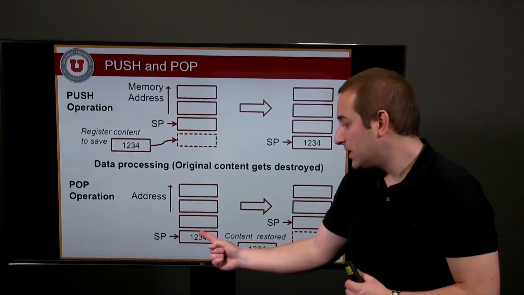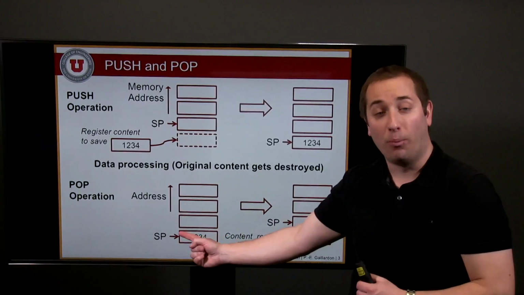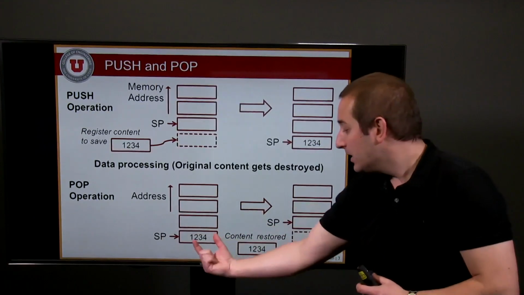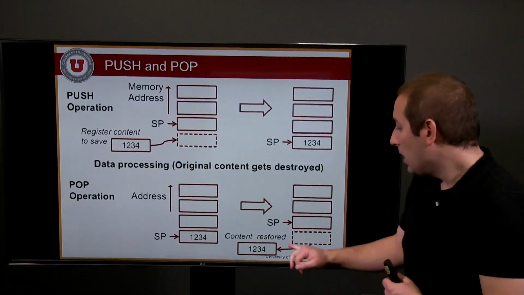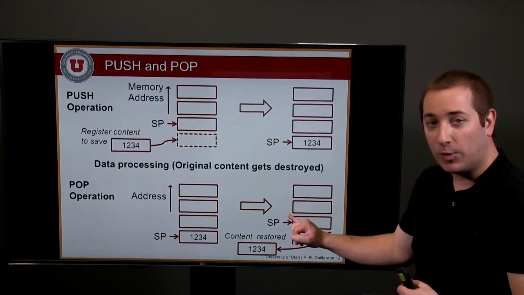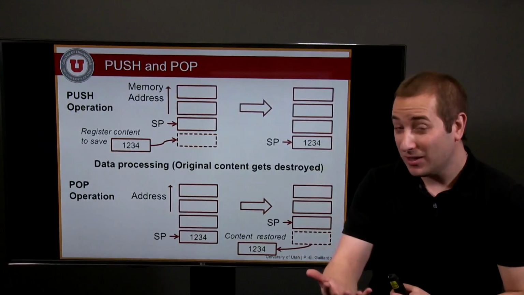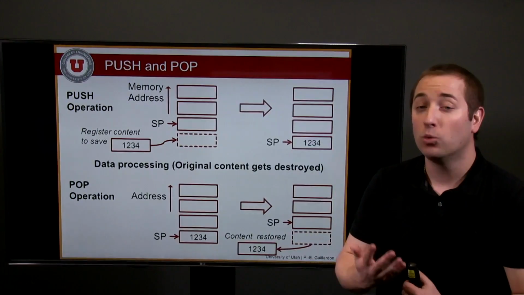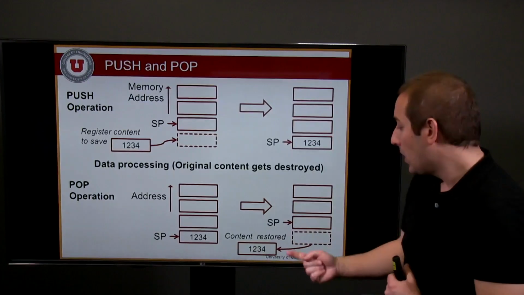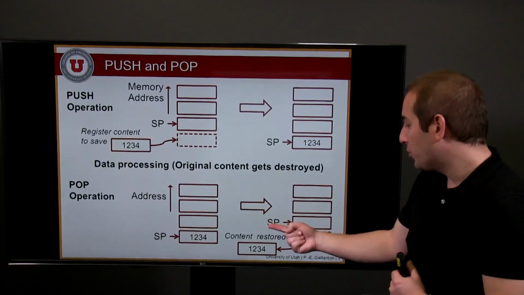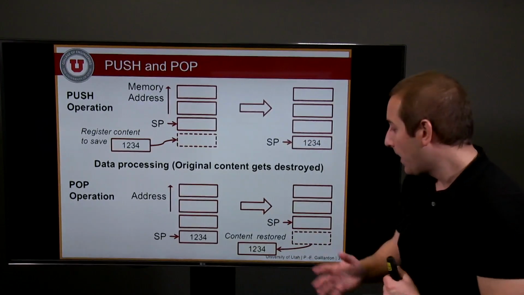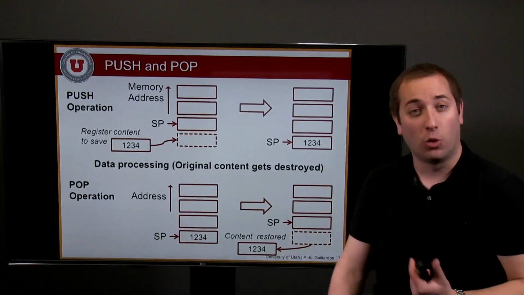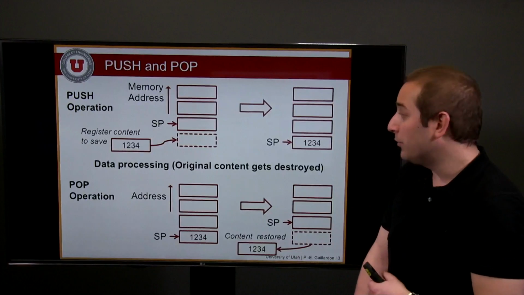The pop instruction takes the data currently located or pointed to by the stack pointer and restores that in the register. Then it increments the stack pointer. Remember that it increments it since we are using a downwards stack model. And as a result, the stack pointer always points to the last location used in your stack memory.